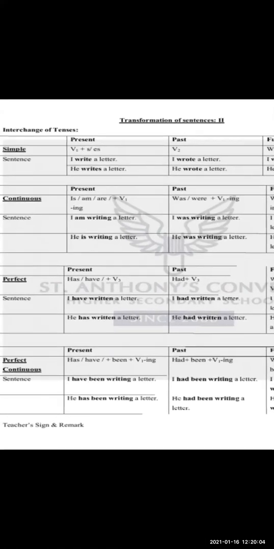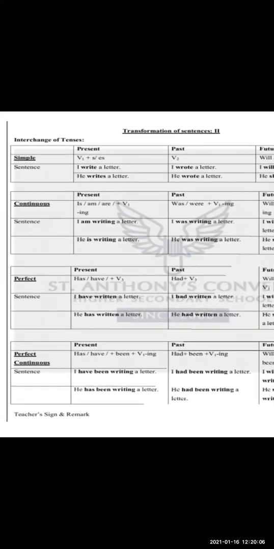Now let me see another topic, that is perfect continuous sentences. What is a perfect continuous sentence? It shows that something started in the past and is continuing at the present. Okay, that means it already started at the past time and is continuing at the present time.